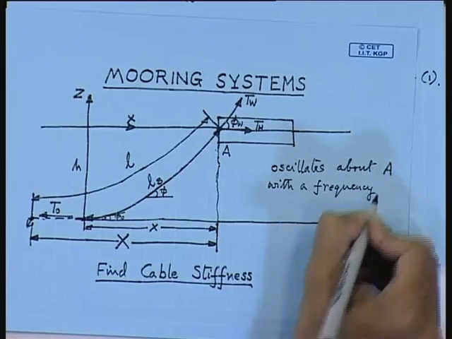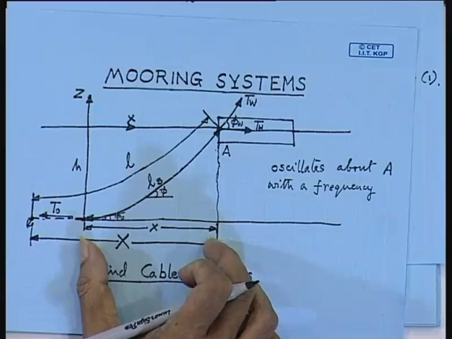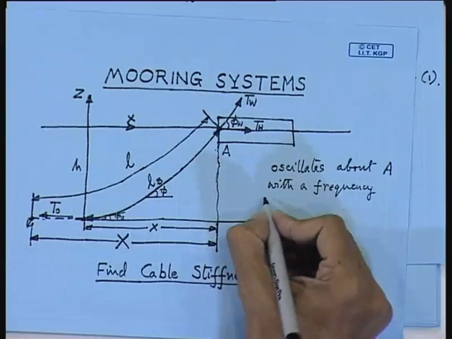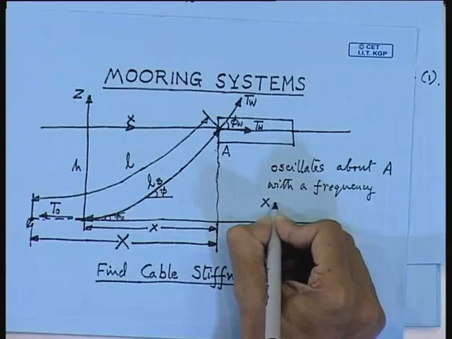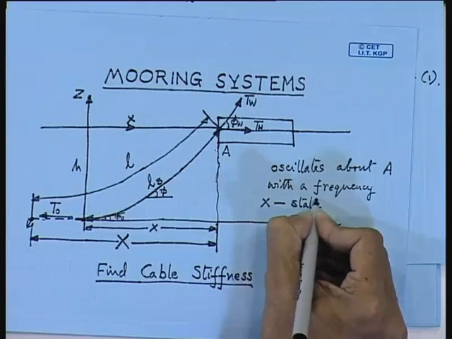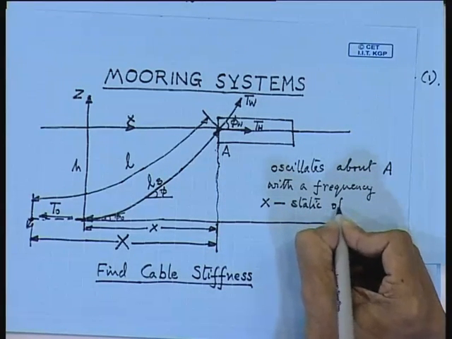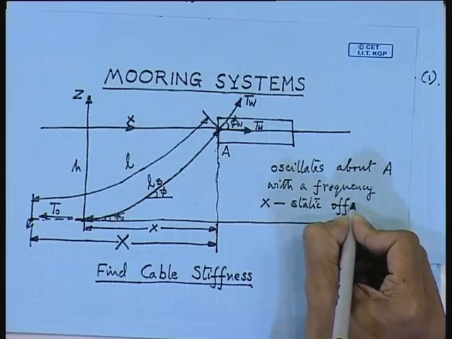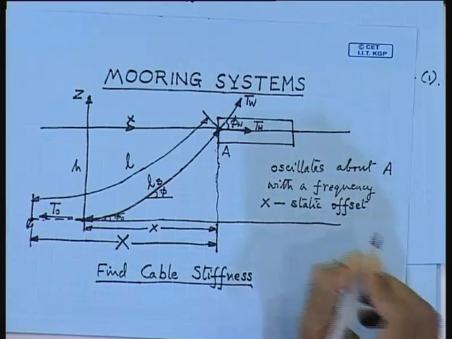Then what is this X? X is known as the static offset.